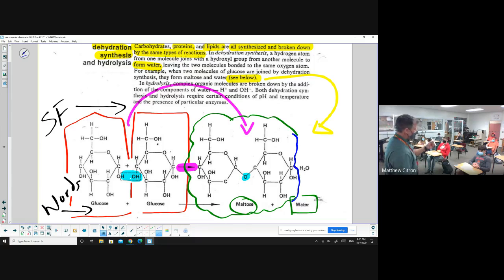And if I had another glucose molecule and I had my disaccharide, I could connect them doing the process known as dehydration synthesis. And water comes out. This will make us remember it more. For sure.